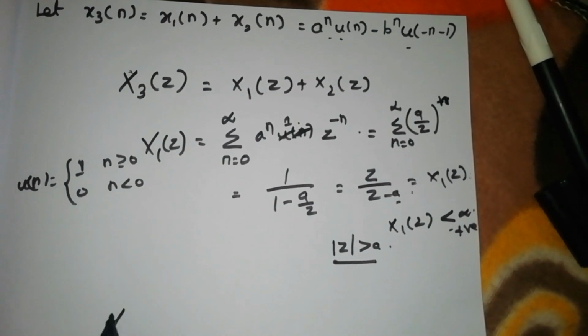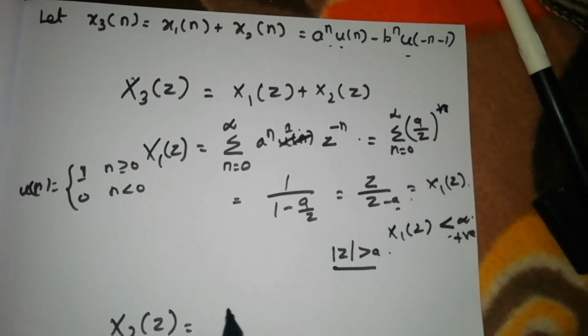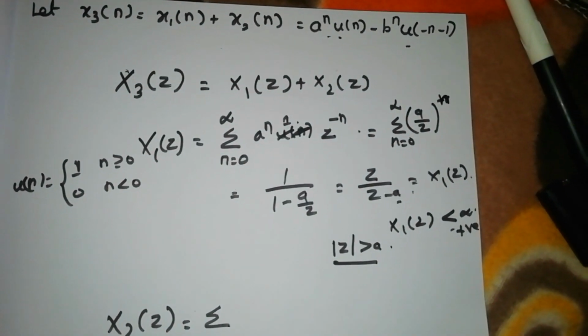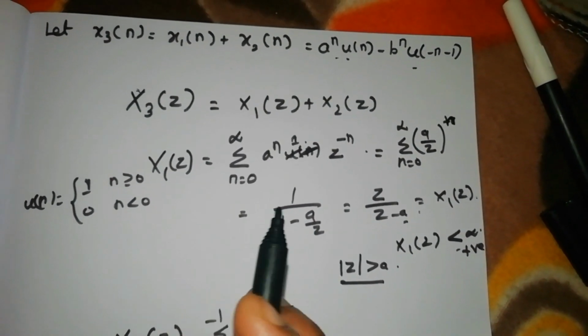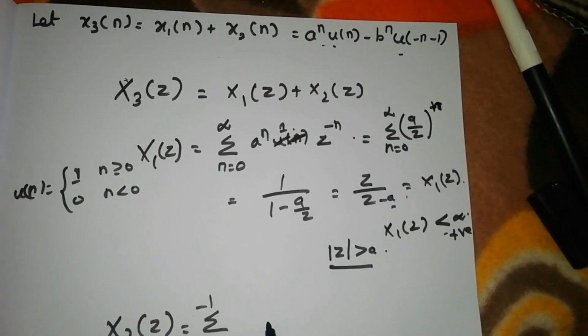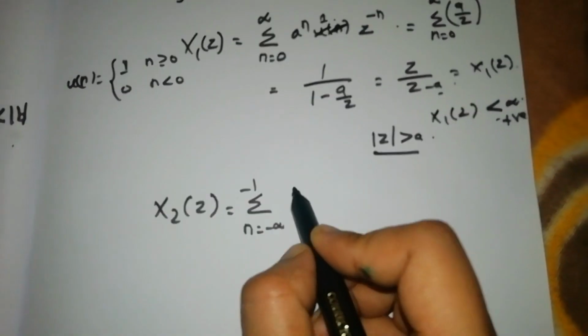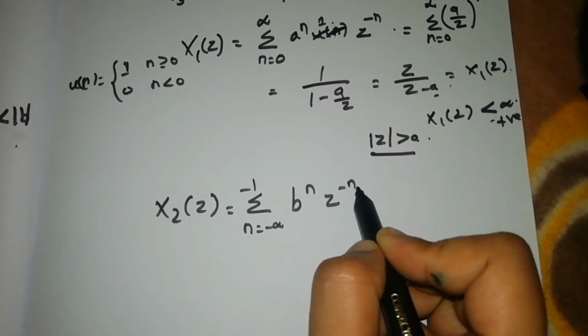Similarly, we can find X2 of z, that is equal to summation from minus infinity to minus 1, where this is the u of minus n sequence, b power n z power minus n.